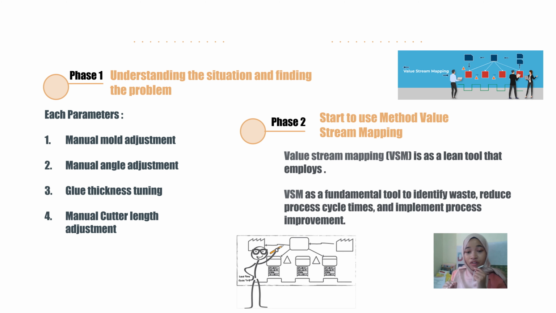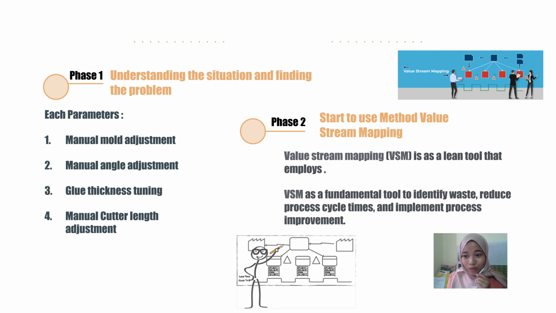Value stream mapping (VSM) is a lean tool that is a fundamental tool to identify waste, reduce process cycle times, and implement process improvement. For this VSM, first we create the current state map. This will help to identify waste such as delays, restrictions, inefficiencies, and excess inventory, which gives the organization a working plan to achieve lean efficiency.